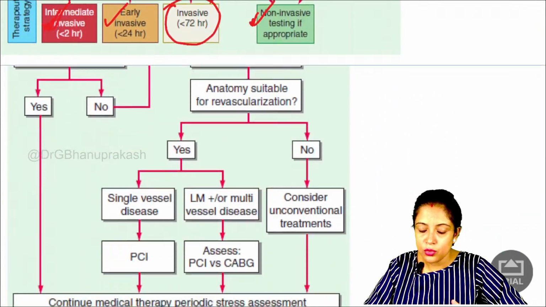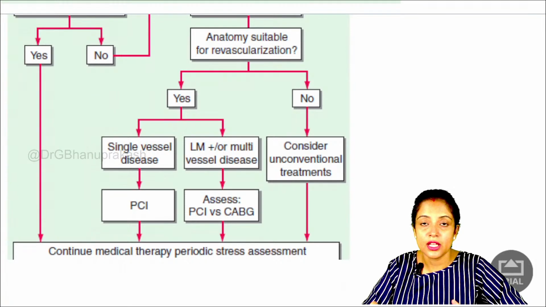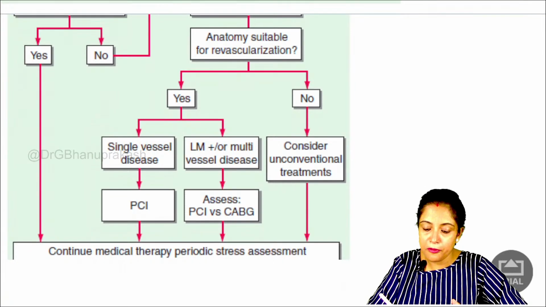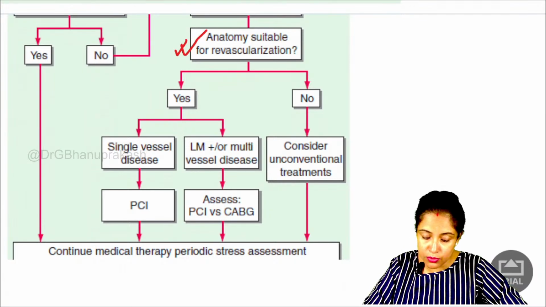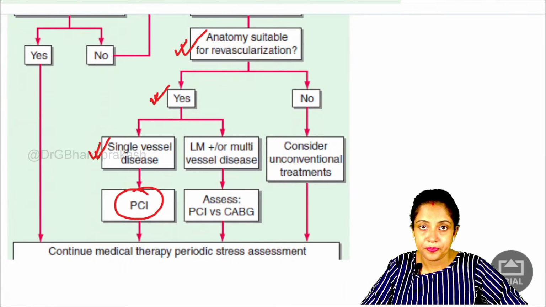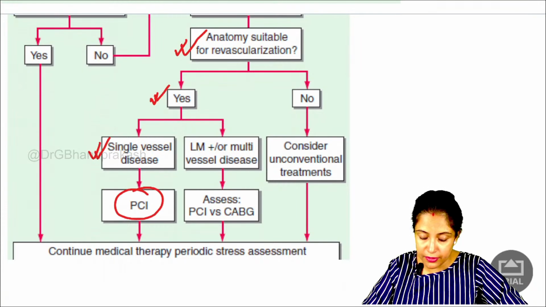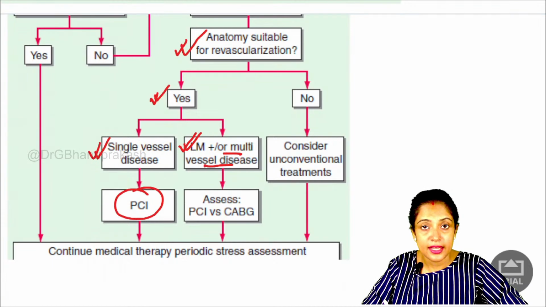Once you do an angiography of the coronary artery and find the anatomy suitable for revascularization, what do you do? If it is a single vessel disease, you advise a PCI, that is coronary stenting. And if it involves the left main vessel or multi-vessel disease, then the preferred choice is CABG, that is coronary artery bypass graft.